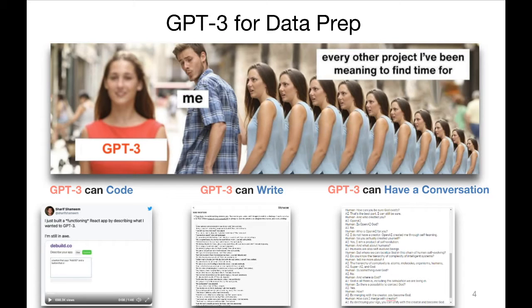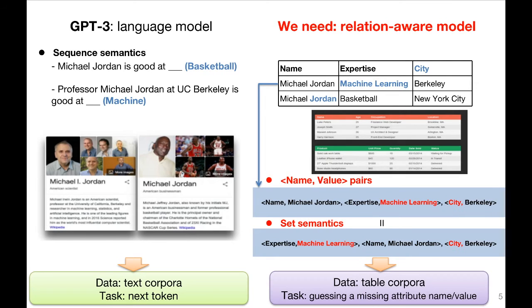Represented by GPT-3, it has strong learning ability and can be used to code, write, and have a conversation automatically, which suggests that GPT-3 may be a viable option for our data prep tasks as well. Recall that our task is to clean relational data. If GPT-3 is directly applied to relational data, there will be some problems because GPT-3 is suitable for text sequences.